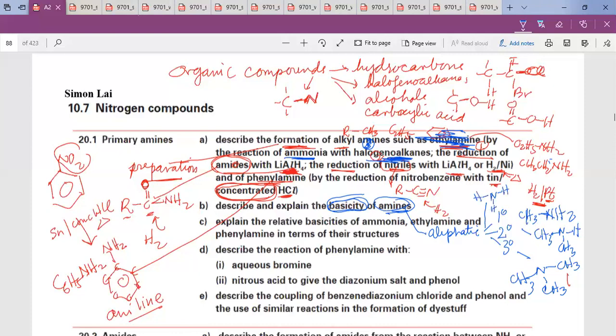The other one is phenylamine, which is aromatic with the ring, and of course your NH2 here. So altogether, 1, 2, 3, 4 and 5 on the basicities.